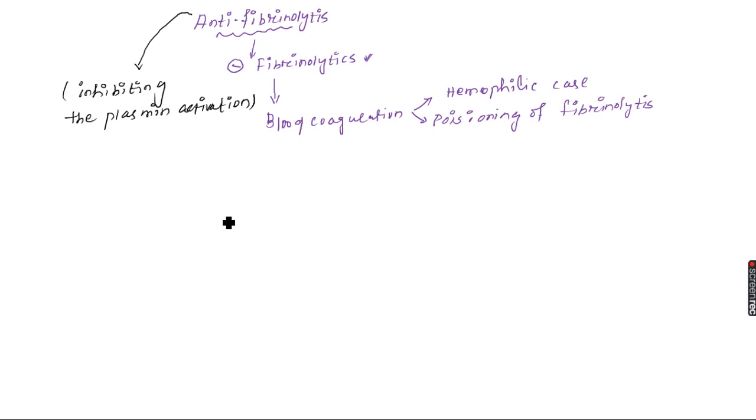There are two basic drugs that come under this class. EACA, that is epsilon aminocaproic acid. Second one is tranexamic acid.